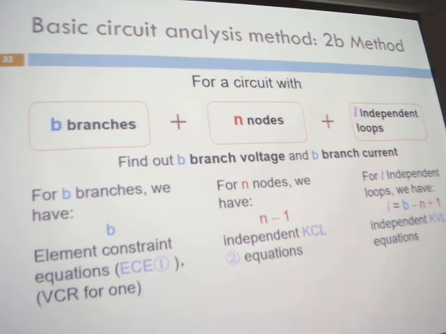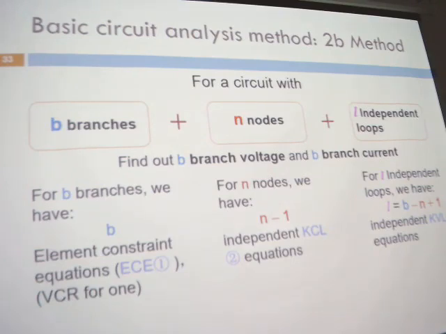And for capacitor, what is the VCR equation? I equal C dV over dt. Good. Those three VCR equations we have to remember by heart, so that you can write them down in 1 second.